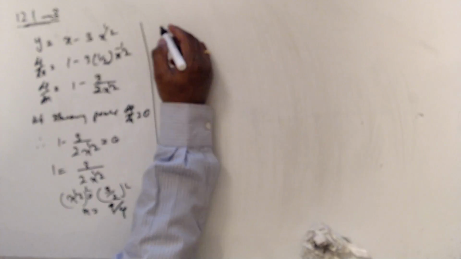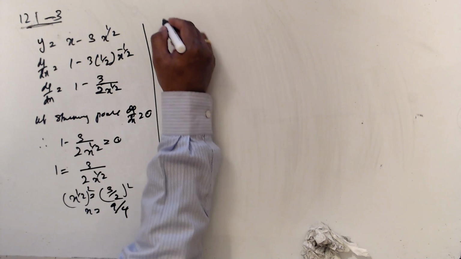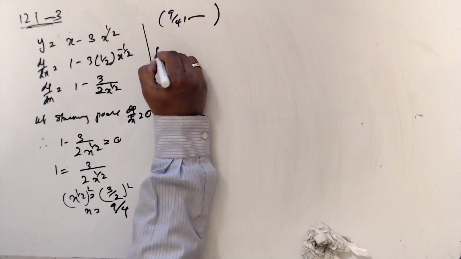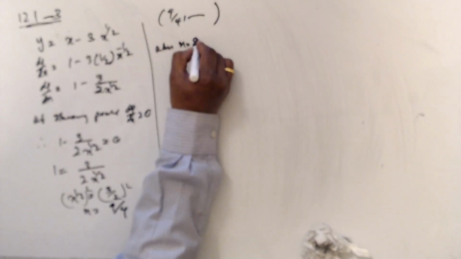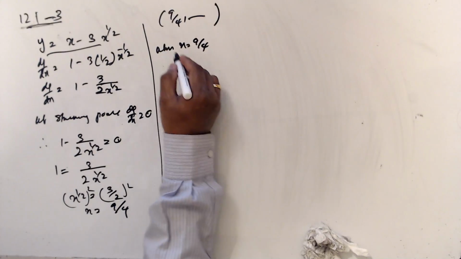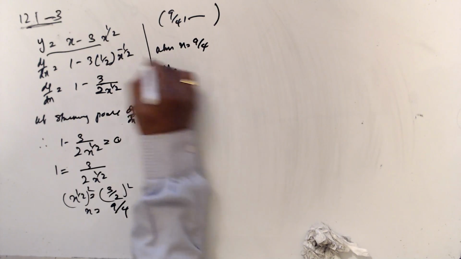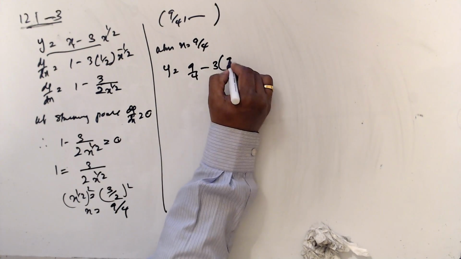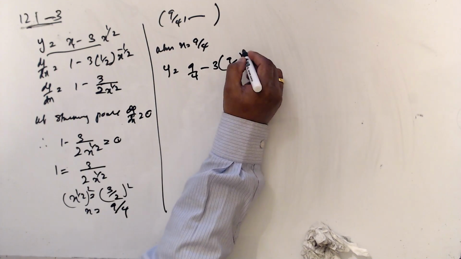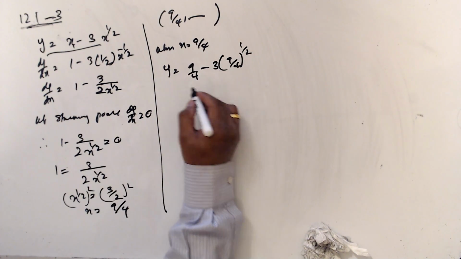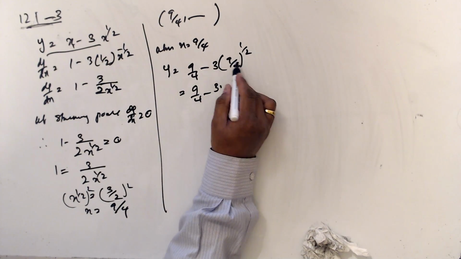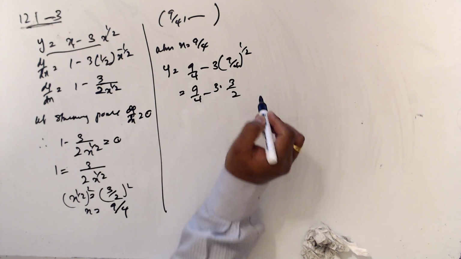Now we have the point x = 9/4. We need to find y. When x equals 9/4, y equals 9/4 minus 3 times (9/4)^(1/2), which is 9/4 minus 3 times 3/2.